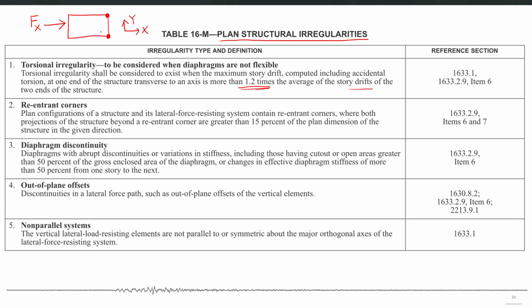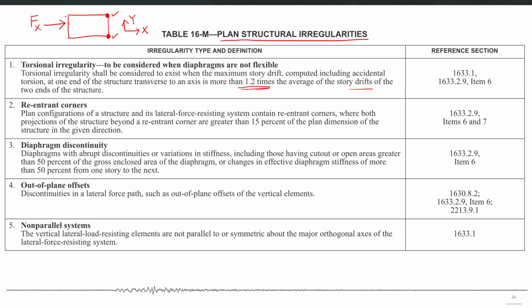The maximum story drift at these two ends should be calculated and their average should be taken, and if the drift at any of these 2 points is greater than 1.2 times their average value, then your structure is supposed to have the torsional irregularity. This is when the analysis against Fx is carried out including the effect of accidental torsion.